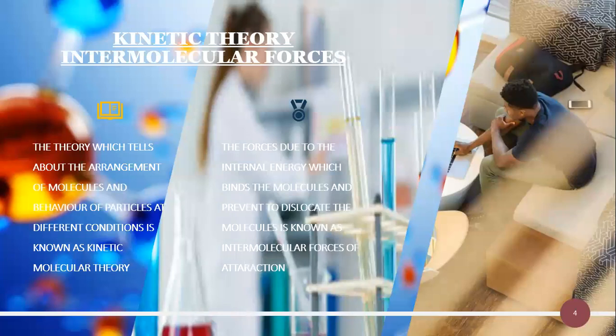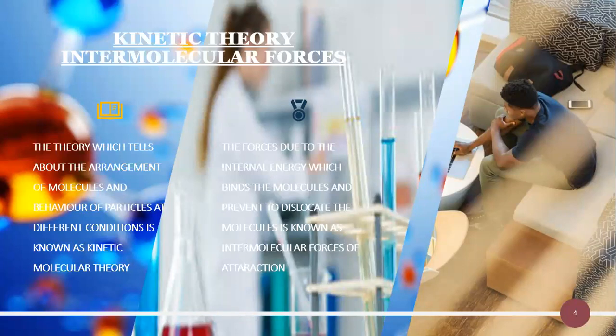First of all, in order to study the states of matter, we should know what kinetic theory is and what intermolecular forces are. The kinetic theory is the theory which tells about the arrangement of the molecules and their behavior.